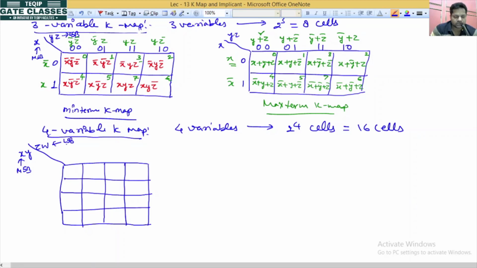There is no hard and fast rule. You can write the MSB on any side. Okay na? It all depends on you only. So it will be 0 0, 0 1, 1 1, 1 0. It will be 0 0, 0 1, 1 1, 1 0.